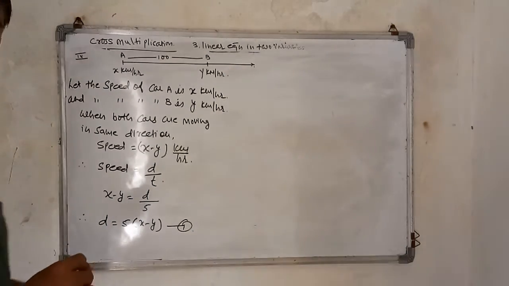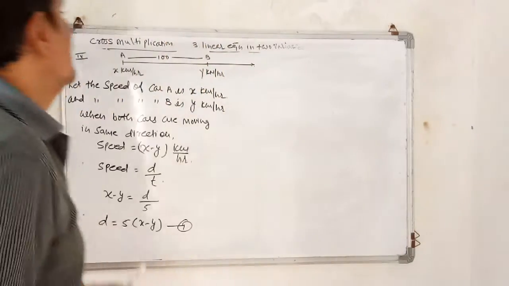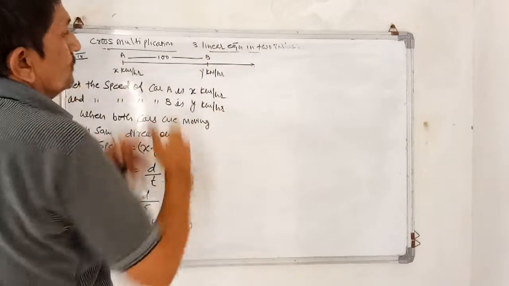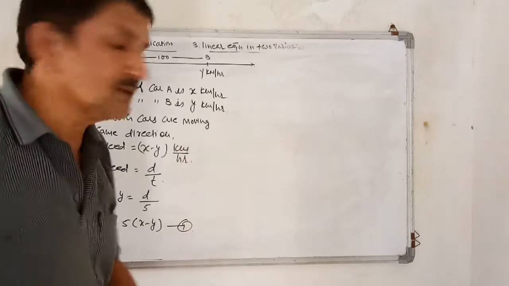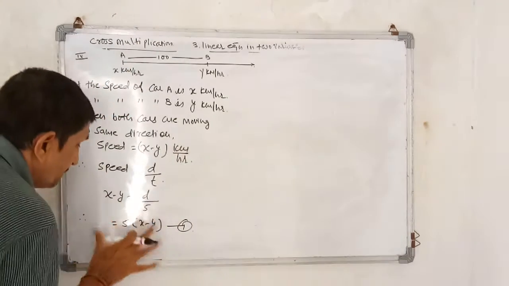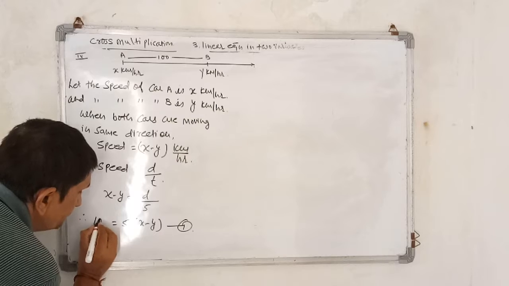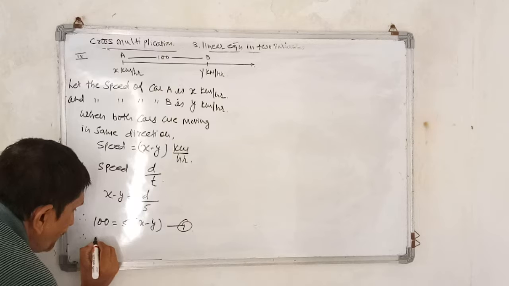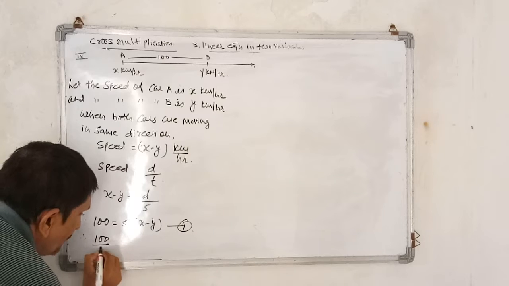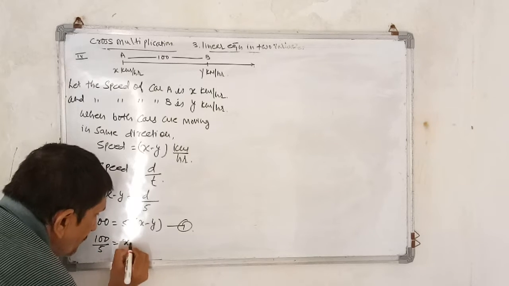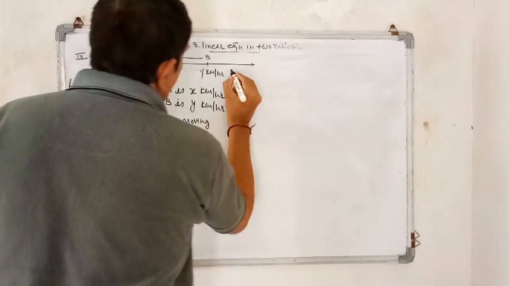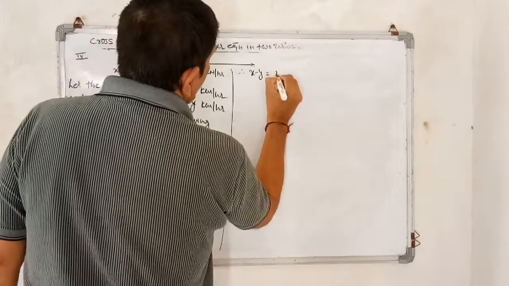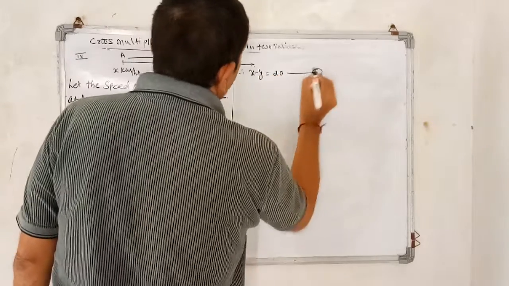The distance traveled is 100 kilometer only, so we can replace d with 100. If we divide by 5, then 100 upon 5 is equal to x minus y. Therefore x minus y is equal to 20.